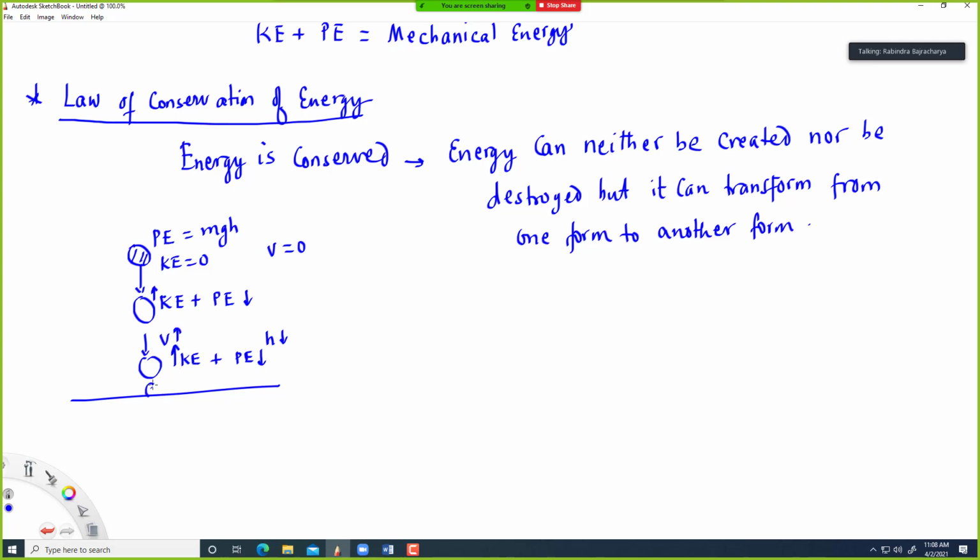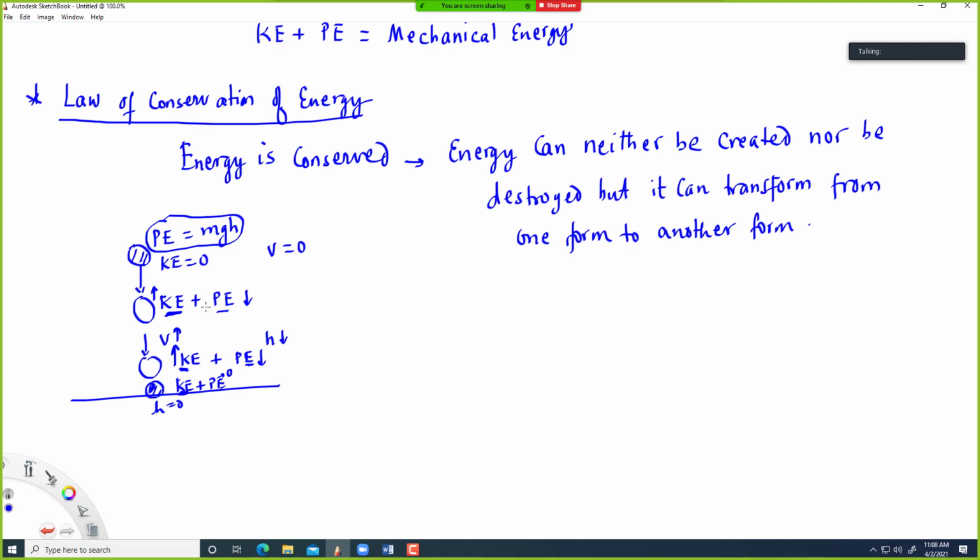And finally, before it hits the ground, the height is 0, so that means all the energy would be converted to kinetic energy. Okay, so potential energy would be 0. So here initially all the energy is in form of potential energy, and then you have part kinetic, part potential, part kinetic, part potential, and then all kinetic.